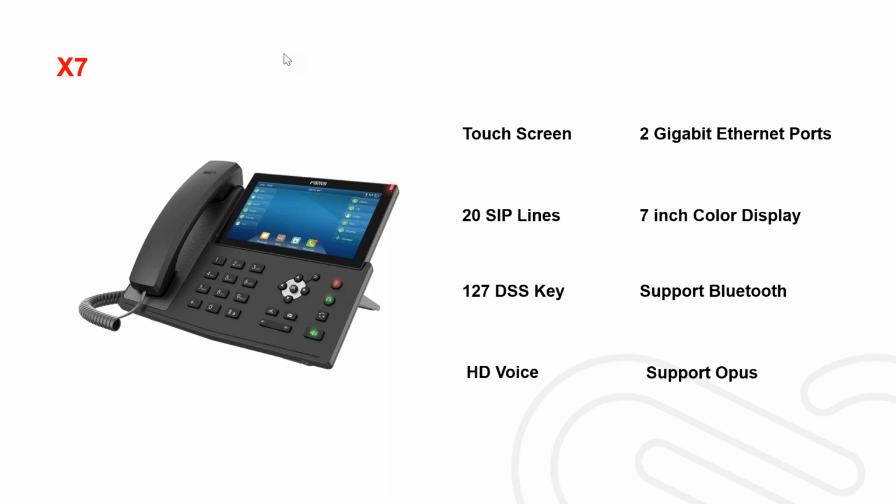X7 also supports some wireless communication. By default, it can be used with a Bluetooth headset for wireless calls, and it might also be used with a mobile phone over Bluetooth. Later I will introduce what kinds of Bluetooth applications, for example headsets and mobile phones, work with X7 and the other two phones.